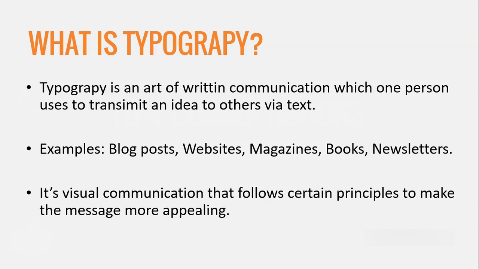In all these communications, text is used as a part of communication. It's visual communication that follows certain principles to make the message more appealing. Typography follows certain universal principles, and in this video we will be looking at these principles.